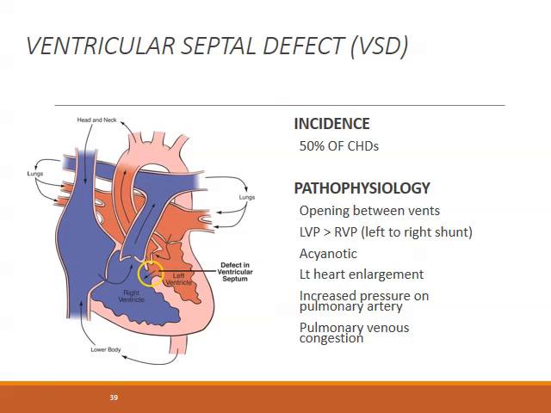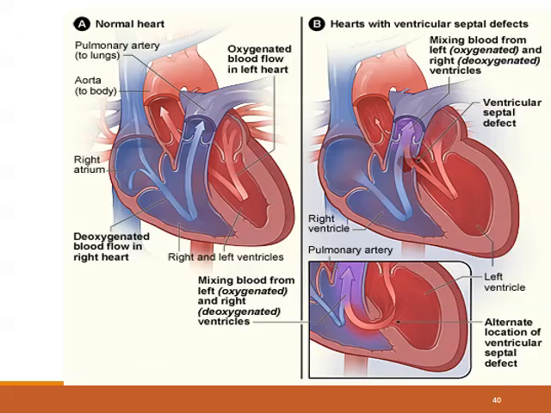Acyanotic, left heart enlargement, and decreased pressure on the pulmonary artery and pulmonary venous congestion. This shows a normal heart, and it shows a heart with ventricular septal defects. It talks about the different things that are going on here.